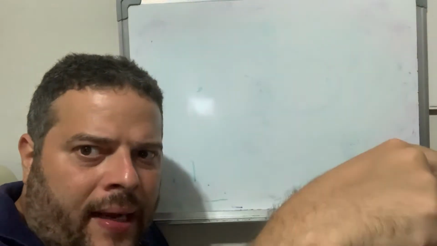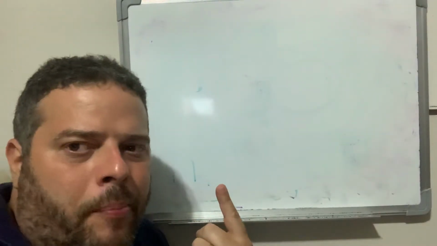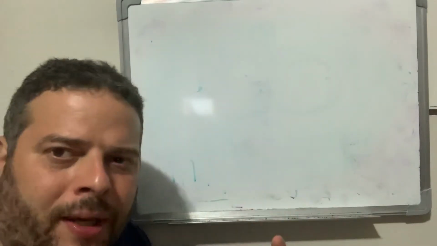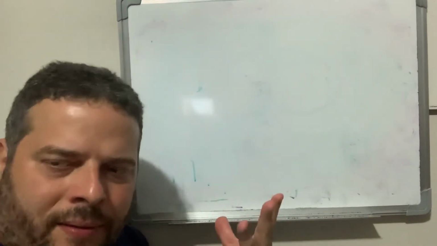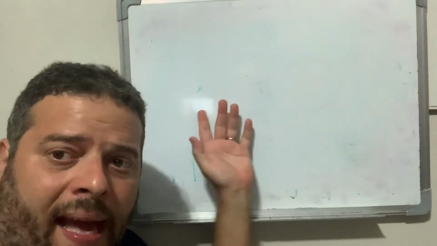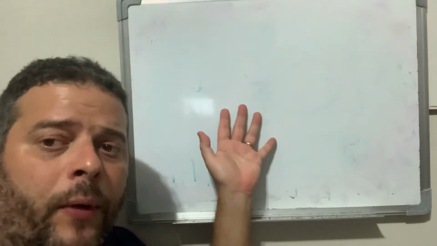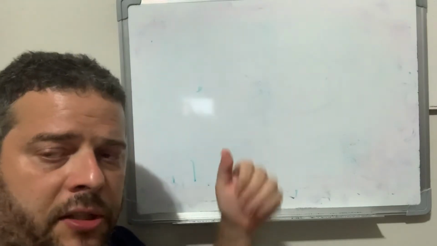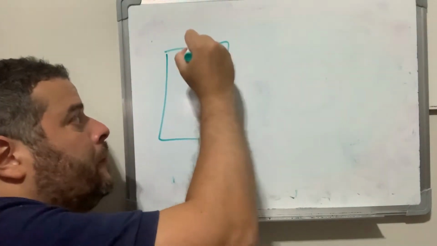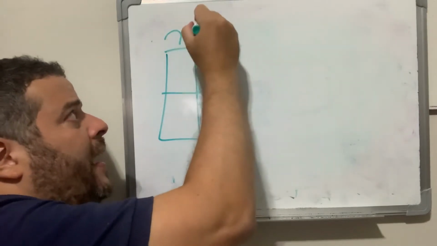If you plug in an x and you get just a single value back every time, that's a function. Doesn't matter if that one value you get back is repeated 3 billion times. So again, when we're looking at a graph, you can easily recognize a function by doing the vertical line test. Pretty simple.